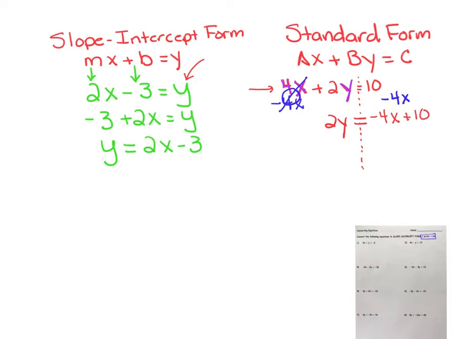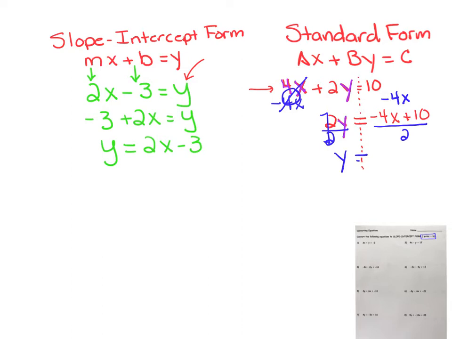Now, one more step and the y variable will be alone. I'm going to divide both sides by 2. Let's divide this by 2 and one out that coefficient. But let's divide this side by 2 as well.